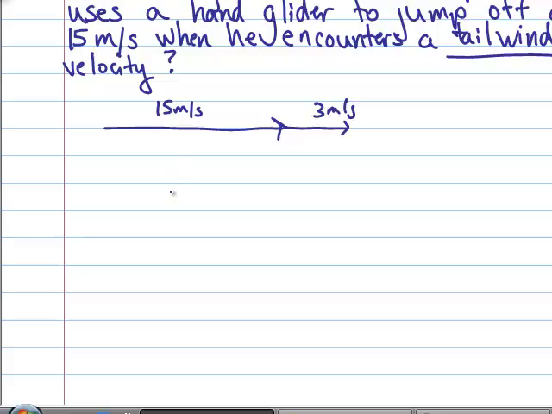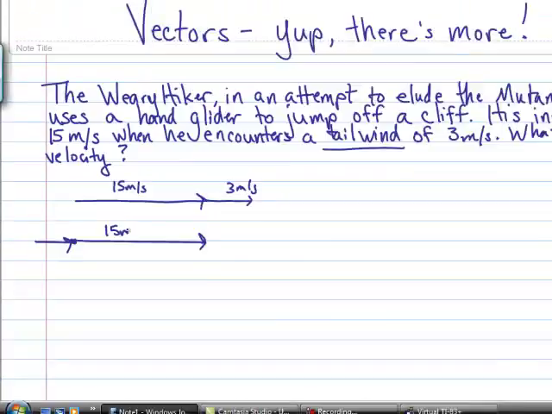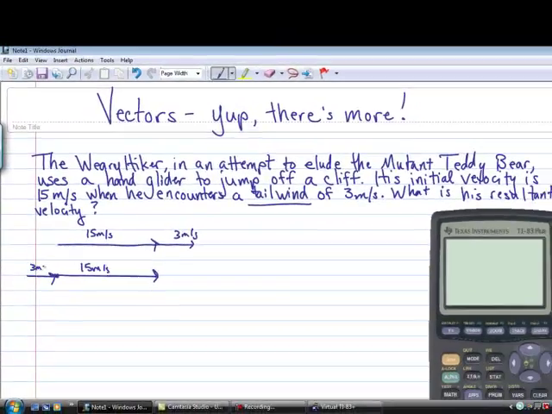Or I could have drawn it, if this was my original 15 meters per second, in the back there to represent the actual tailwind. Both of these representations would be correct. The thing to remember is that they are still drawn head to tail. There's no angle between these, so that makes these types of problems very easy to solve.